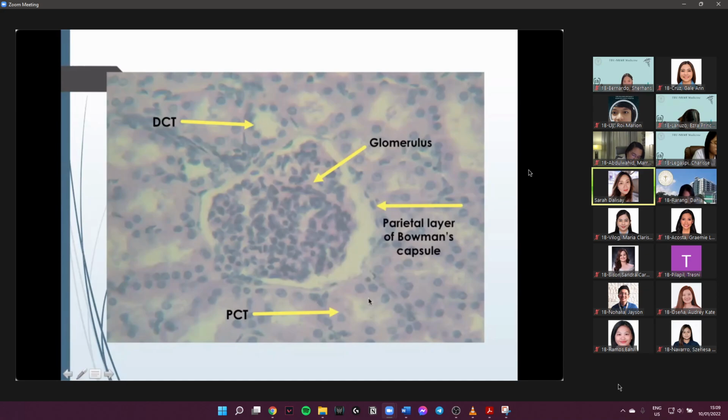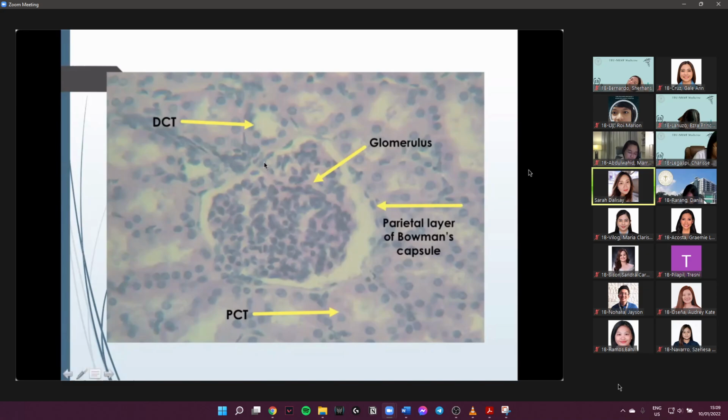It's lined by simple cuboidal cells with what we call brush border. These are actually microvilli protruding from the cells, so we just call them brush border.